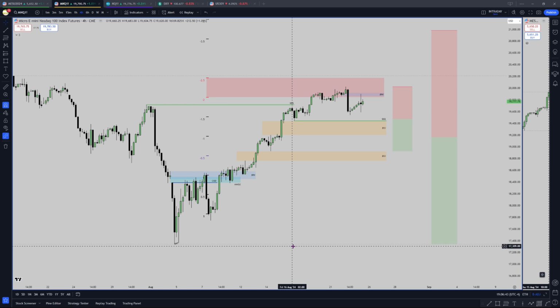I don't really know what months are bullish. I just know that given seasonal tendencies, August and September are historically bearish. September, I don't really know what to expect in September.